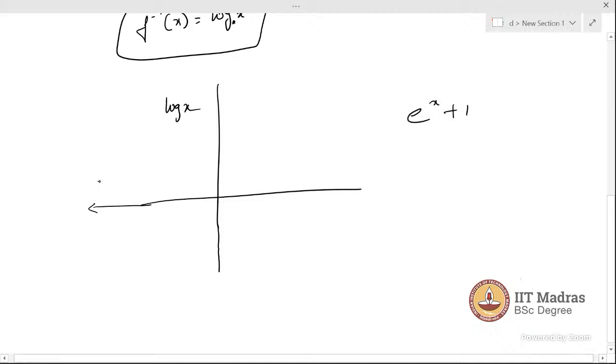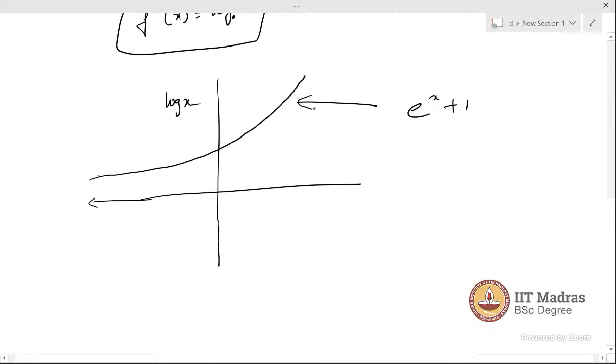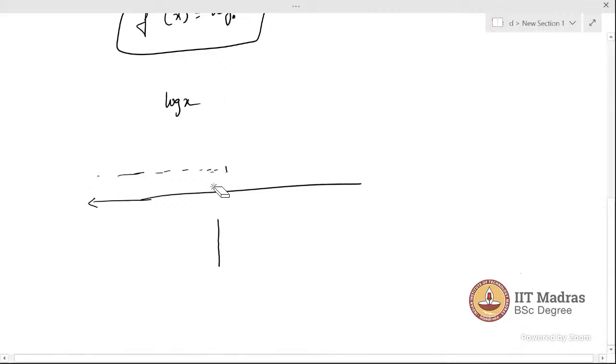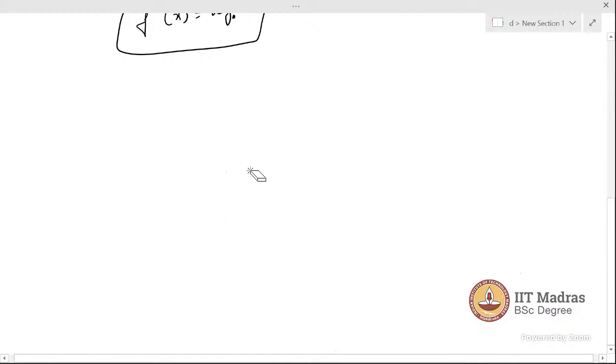What will be the asymptote for this graph? y equals 1, because you will see at infinity its value will be 1. Here I just wanted to know whether you know the asymptote or not. If you don't know, we just discussed it. You got it now.